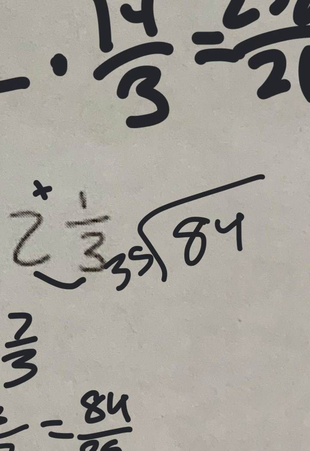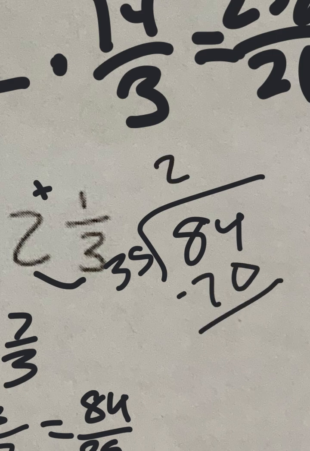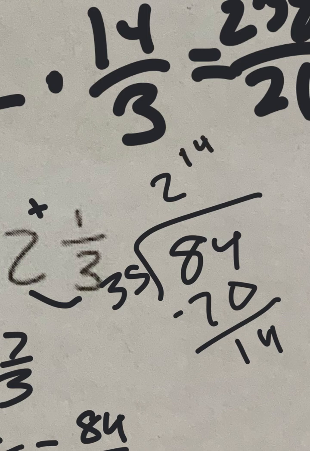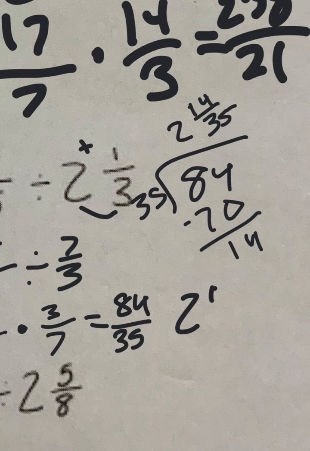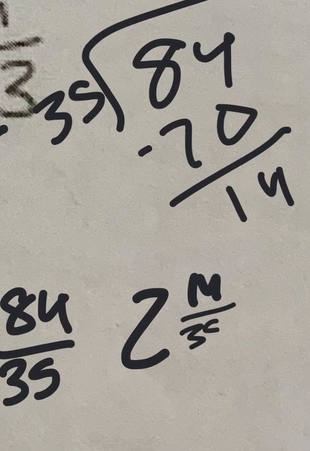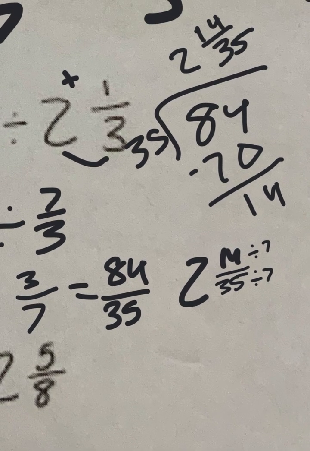35 times 2 is 70. So 35 goes into 84 twice. So 84 minus 70 leaves us with 14. So 2 and 14/35, which 14 and 35 can both be divided by 7, so we're simplifying to make our new fraction.